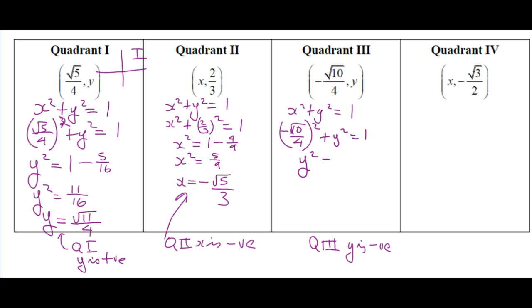Okay, so y squared is equal to 1 minus 10 over 16, right? Root 10 squared is 10, 4 squared is 16. So y squared is equal to 6 over 16, and y is equal to negative root 6 over 4.